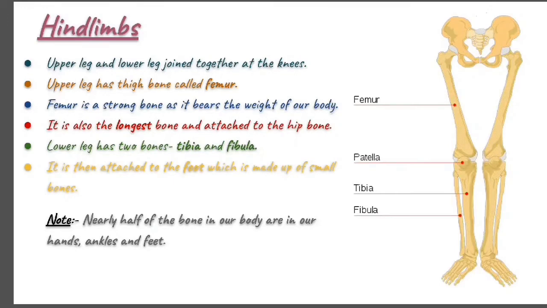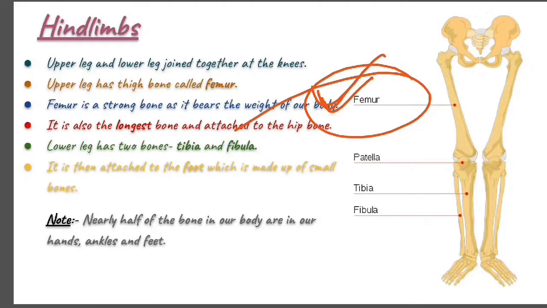One more important thing to remember is that the femur is the longest bone in our body. If someone asks you what the femur is, it is the longest bone in your body.